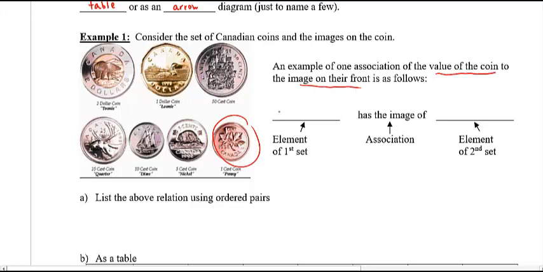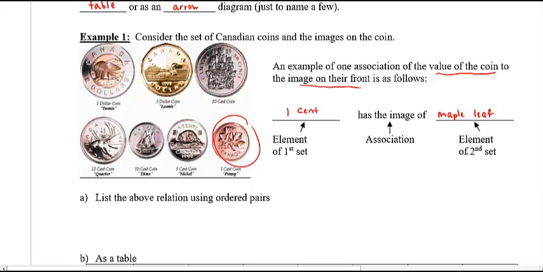In this case, for the penny, I'll say the value is 1 cent has the image of what's on the front? Yes, the maple leaf. So that's an example of an association of the value of the coin to the actual picture.